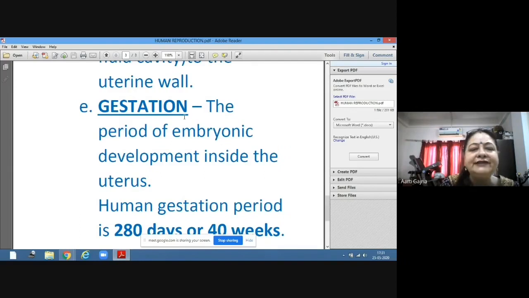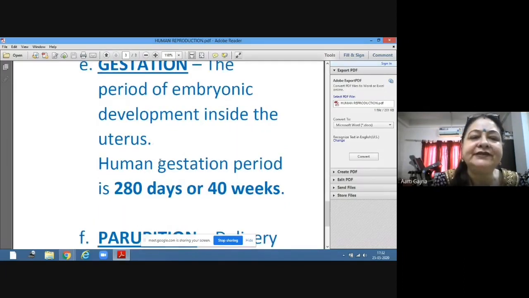All this happens through the special tissue called placenta. And gestation is the period of embryonic development inside the uterus. The gestation period is different in different species. In human, the gestation period is around 280 days or 40 weeks.